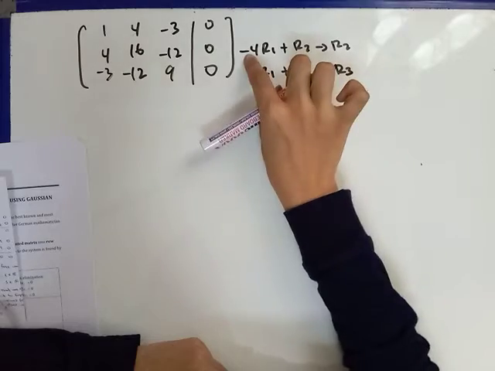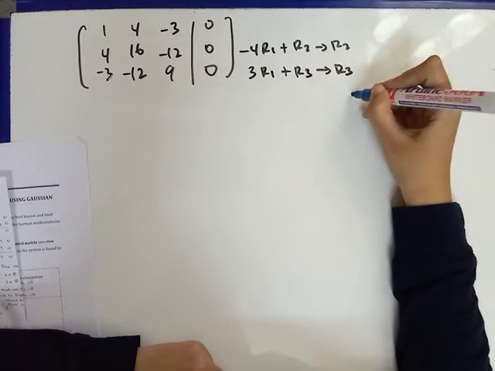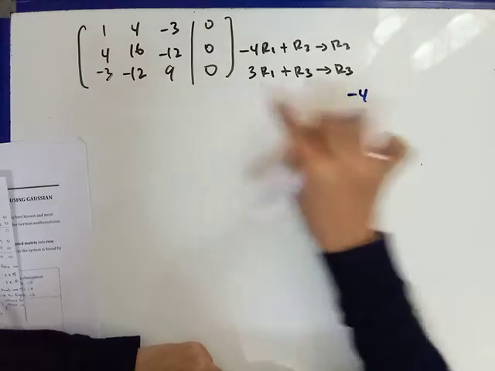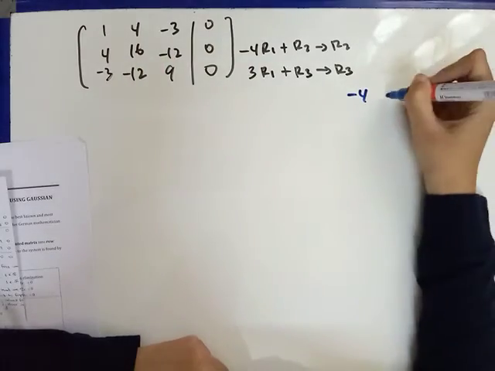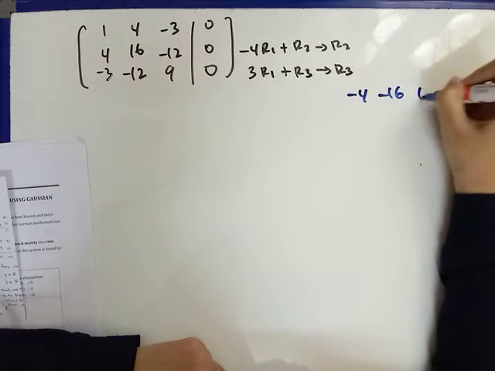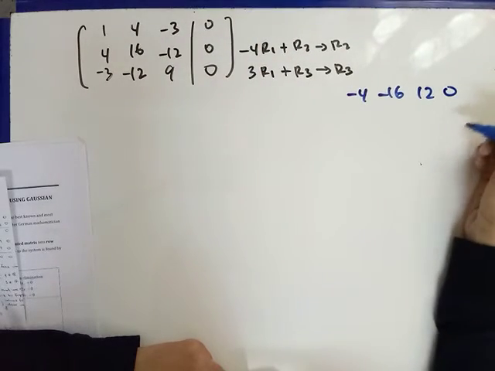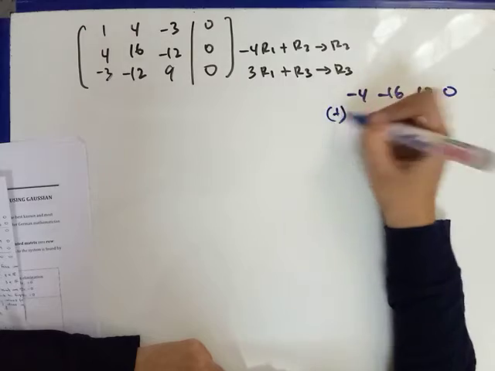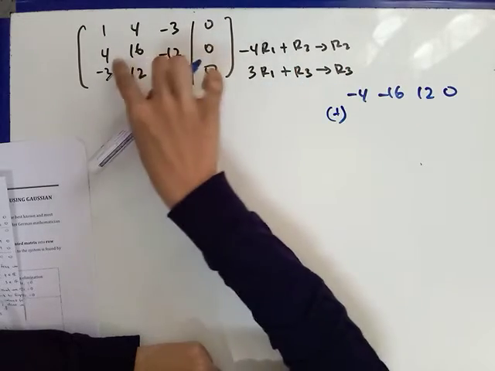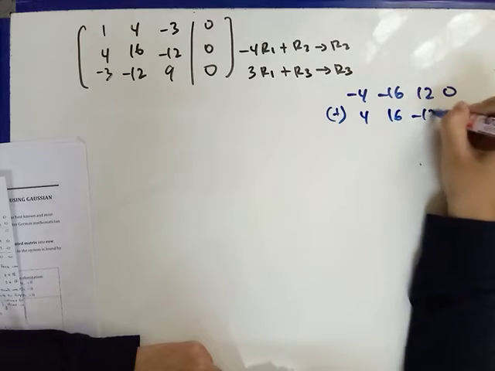Negative 4 times 1 we get negative 4. Negative 4 times 4 we get negative 16. Negative 4 times negative 3 we get 12. Negative 4 times 0 we get 0. And then plus row 2: 4, 16, negative 12, 0.